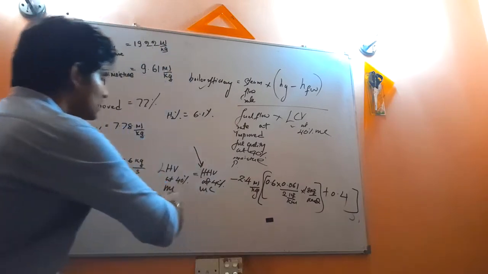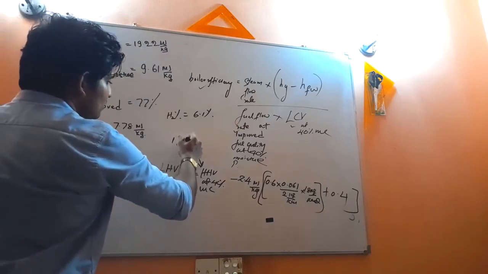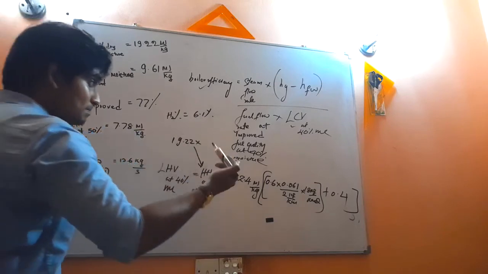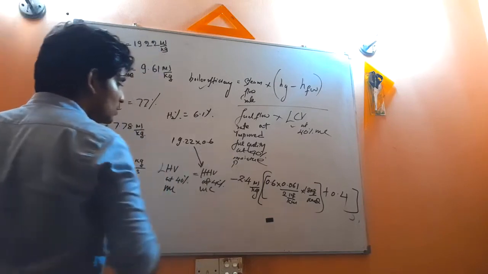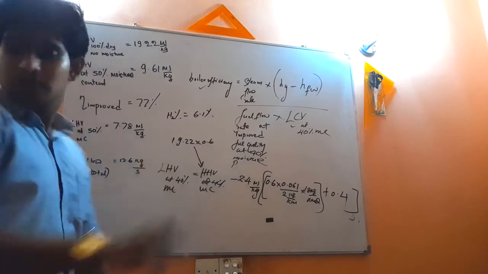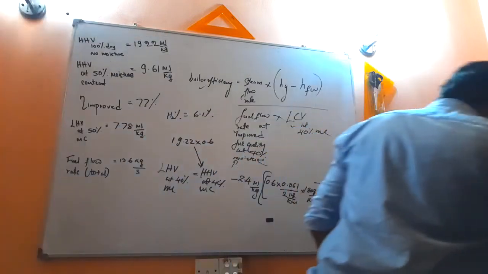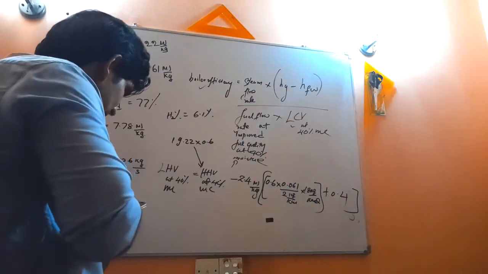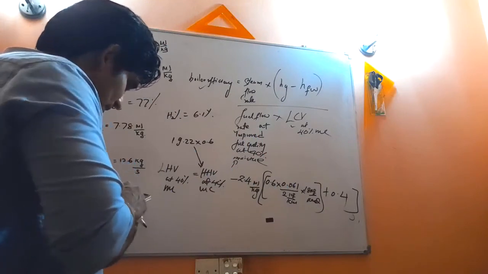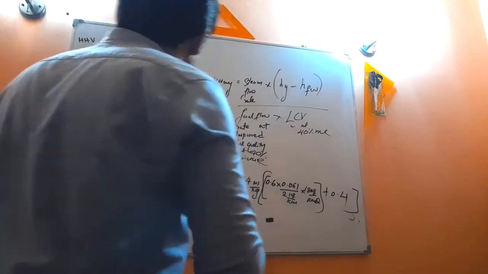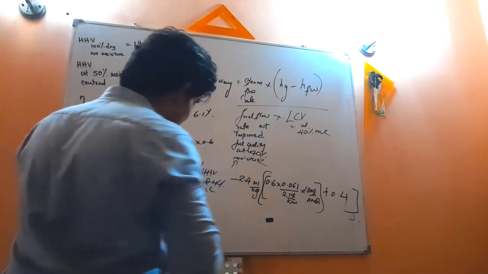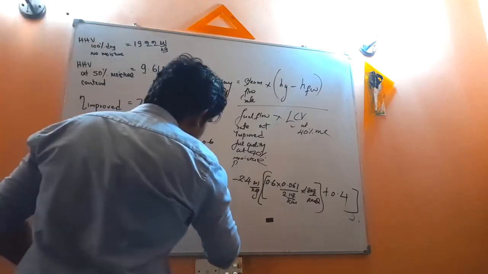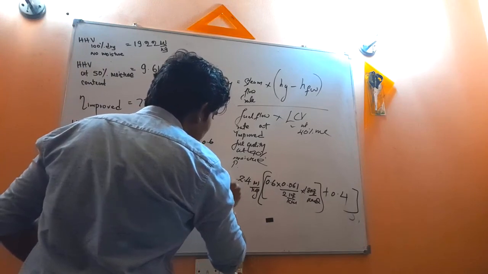So then what is the HHV? 19.22 times 0.6. What is that value? 11.532. I think all others are done.